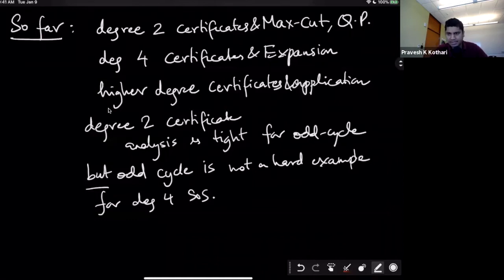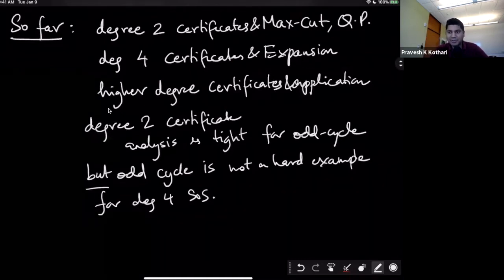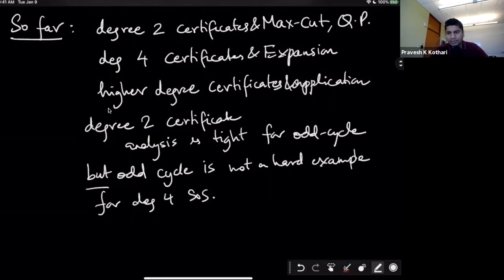That appears as one of the problems on your current homework. But beyond that, we don't quite have any reasoning to understand if we analyze even degree 4 certificates correctly for expansion. So for all we know, you could get a really, really good approximation, like a constant factor approximation for graph expansion just using degree 4 certificates.